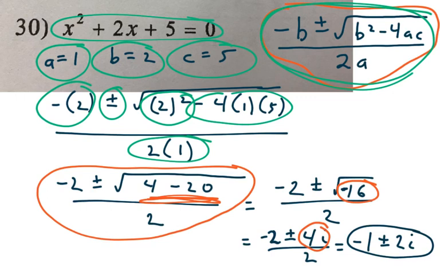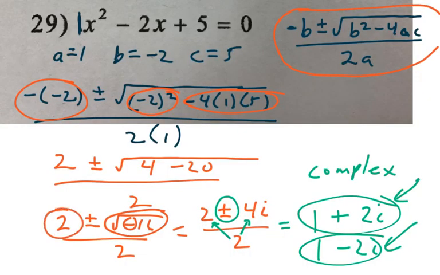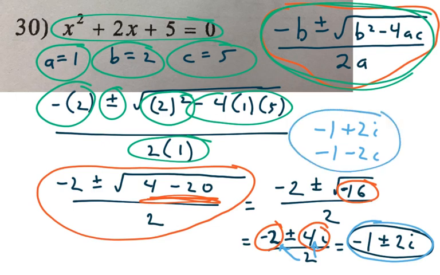The only difference between this one, you notice, and the previous one is this one's a positive 2, whereas the previous one had a negative 2 in front. And the last thing you notice again here, guys, I divided that 2 into both numbers since they were even. And here's my answer. We could expand it out as negative 1 plus 2i and negative 1 minus 2i. The bottom line, we have two imaginary answers once again.